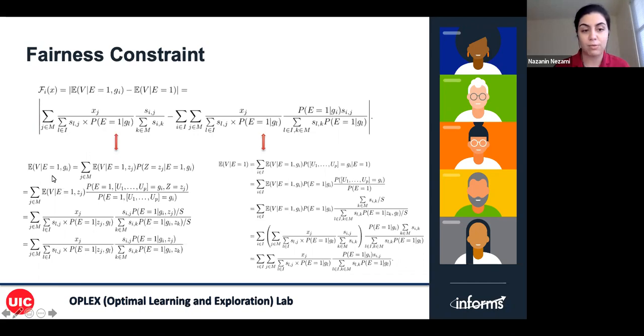For example, for the first component, we looked at the different areas. So we put this Z_j in the condition, and it's just a conditional expectation, and then we rewrite the conditional probability, and then just computed the probabilities as the fraction of exposed population. And also for the second component, we looked at different demographic groups.